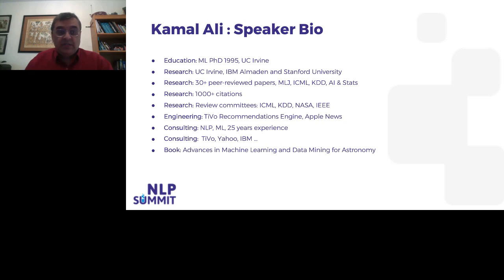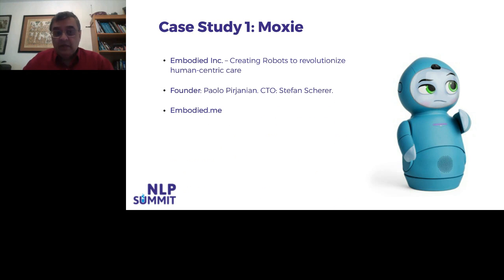As you can see, Moxie was founded by Embodied Inc., whose job it is to create robots to revolutionize human-centric care. Its founder is Paolo Pergenian and CTO Stefan Scherer. Embodied is a small company out of Los Angeles, and the founders have previous experience in building Roomba and other robots.